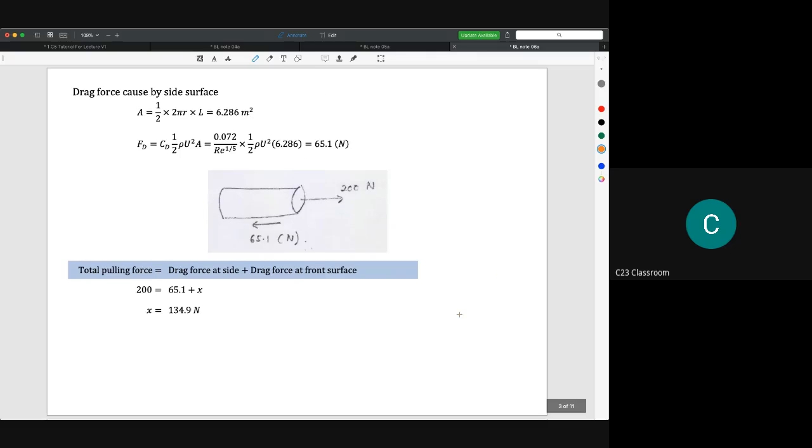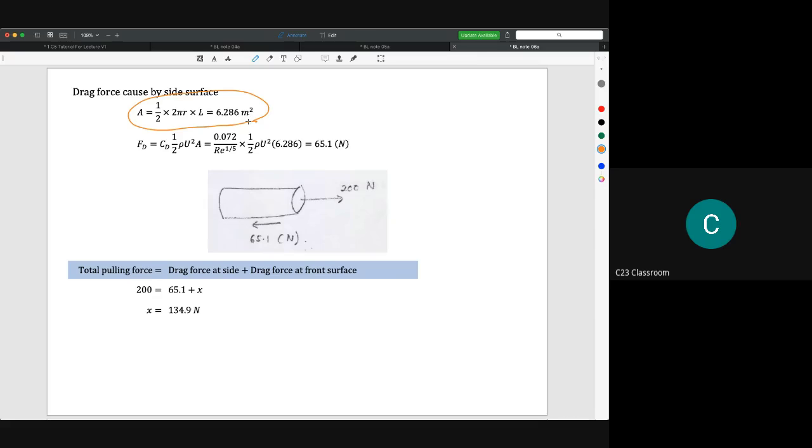Now we need to calculate the drag force using the equation of the turbulent boundary layer. We know the CD, and we need to determine what A is.